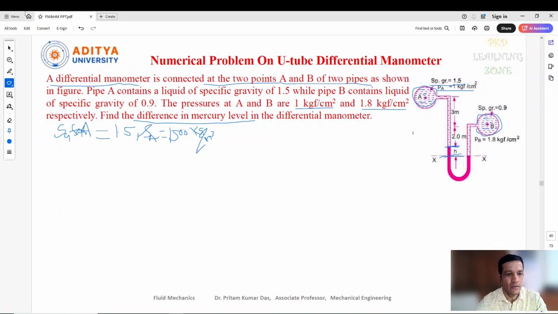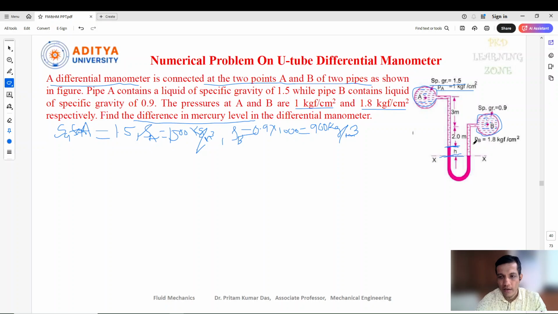Similarly, the specific gravity of the second pipe B is 0.9, so the density of B is 0.9 into 1000, that is 900 kg per meter cube.